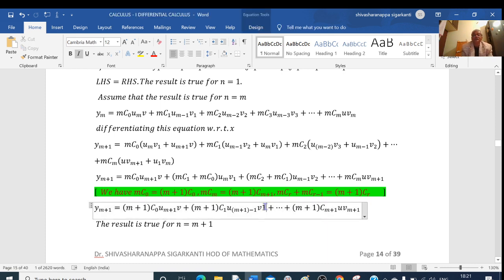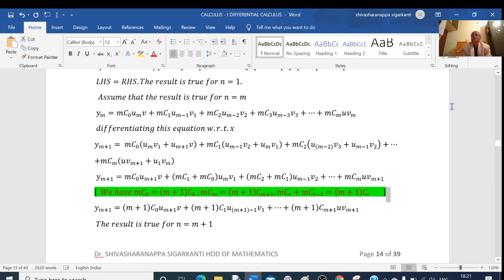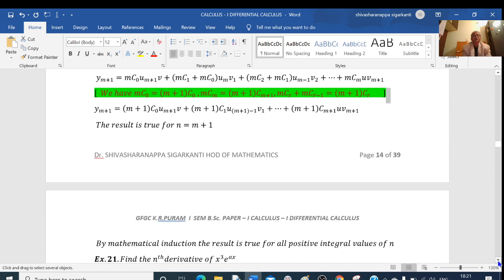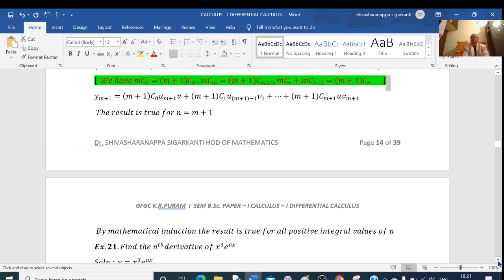So the result is true for N equal to M plus 1. Then by mathematical induction we say that the result is true for all positive integral values of N.